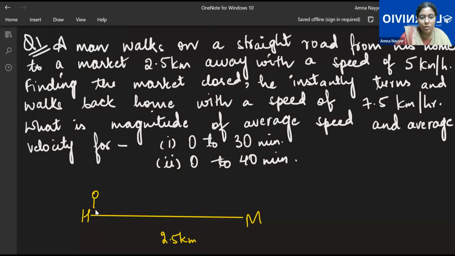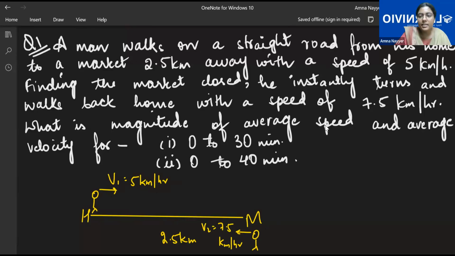Means when this person was coming, at that time his speed was 5 kilometer per hour. And when he sees that the market is closed, he is returning. That time his speed is 7.5 kilometer per hour.